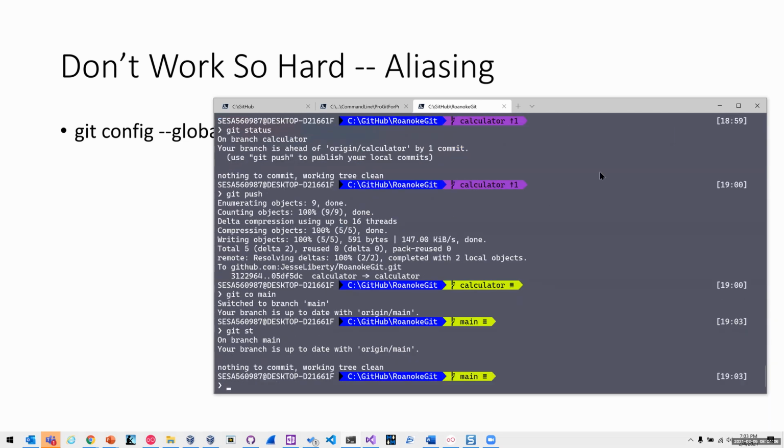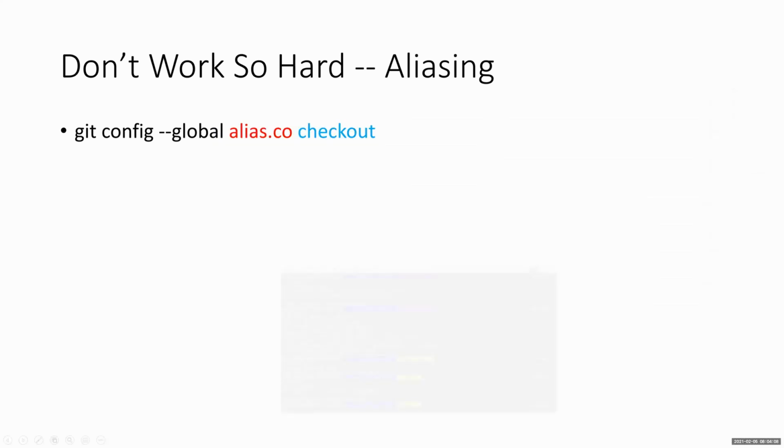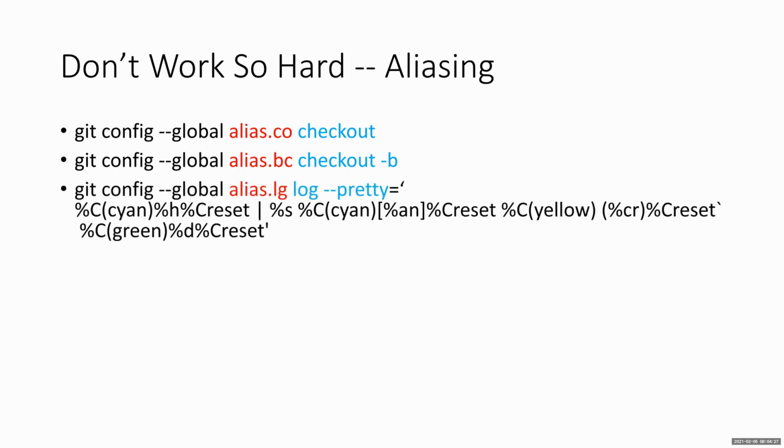Here's a couple others. bc I use for creating a branch and checking it out: b for branch, c for checkout, which does both at one time rather than having to say checkout -b. Here's my lg alias that you saw earlier.